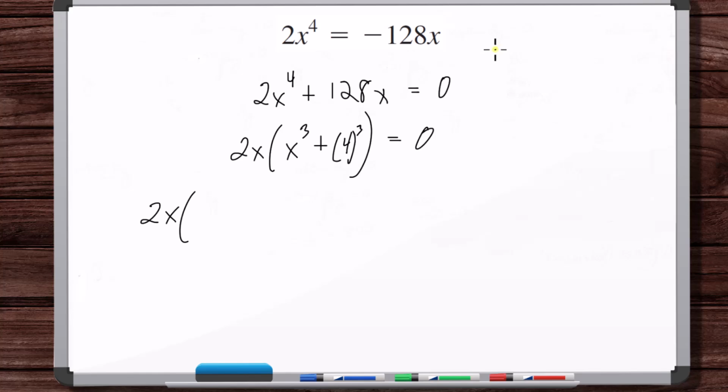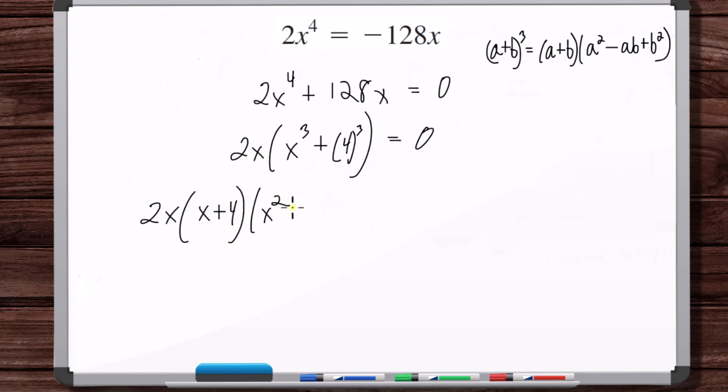That's a cubed plus b cubed is a plus b, and then a squared minus ab plus b squared. So x plus 4, and then x squared minus 4x plus 16. So we've got these 3 factors here.